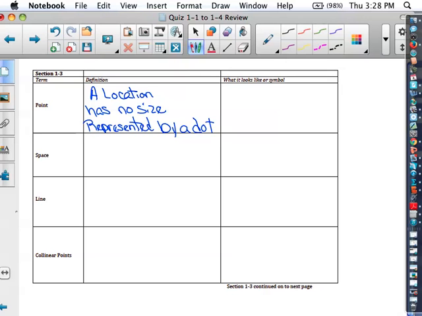And we talked about a point will be named with a capital letter. So it's named with a capital letter. Remember, there's also some notation matching.